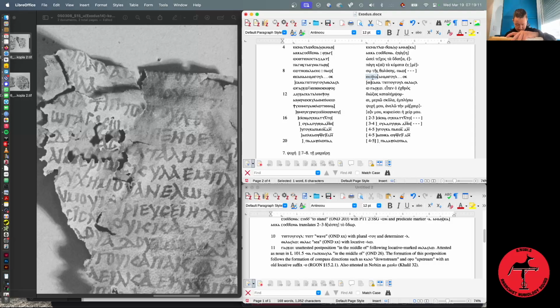It's clearly this translation for epagea with this kind of particle. Yeah, that's exactly what it is. This is kind of epagea.